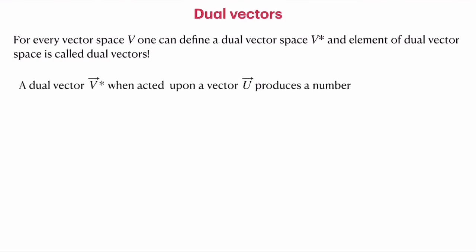The mathematical definition is a mapping from the vector space to the scalars. This essentially means that a dual vector V star, when acting upon a vector U, produces a number. It is like a function or an operator which operates on U and produces a scalar. So V star acting upon U would be sigma, where sigma is a number.